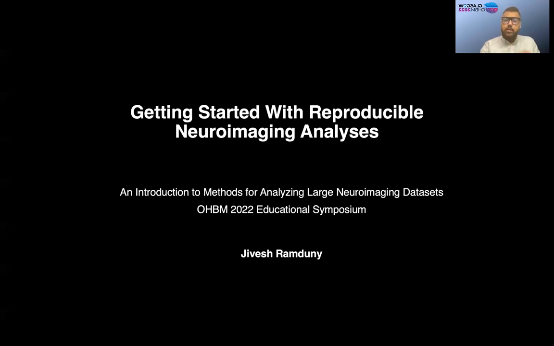So when we talk about reproducible neuroimaging analyses, we need to be able to understand what reproducibility means, because there are a number of definitions that have been associated with reproducibility. And also it is important for us to understand, how do we do reproducible neuroimaging analysis?